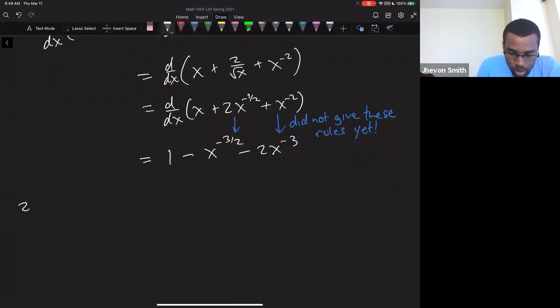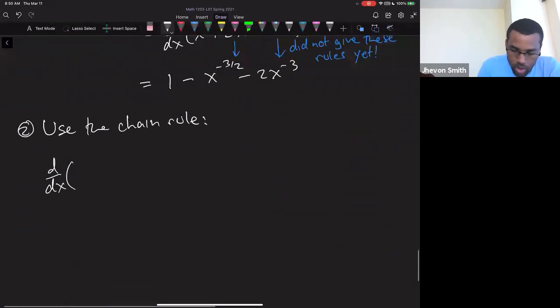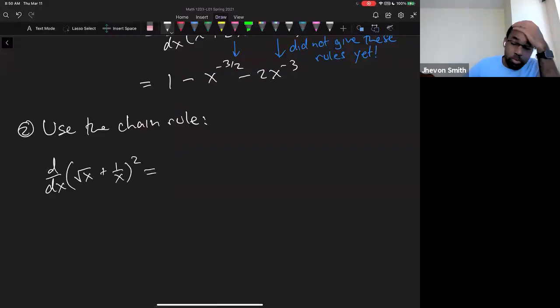And two, use the chain rule. So the chain rule can save us from expanding, because now we have an inside function and an outer function. The outer function is a square, and the inside function is the radical x plus 1 over x.